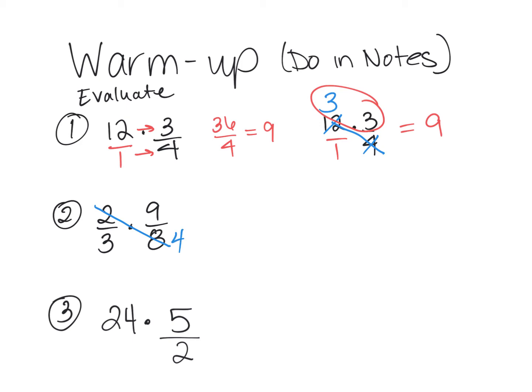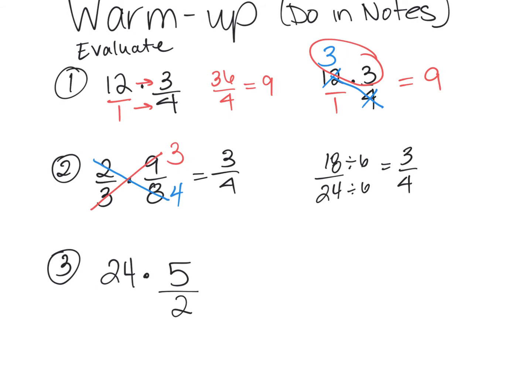What else can I cross cancel? 3 goes into 9 how many times? 3. There's nothing left to multiply, so I get 3/4. Okay. If I had multiplied straight across, I get 18 over 24. I have to divide them both by 6, and we get 3/4. Okay.